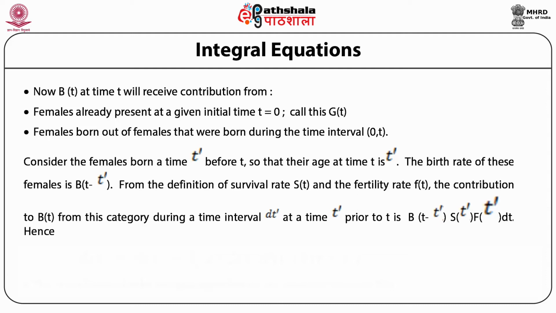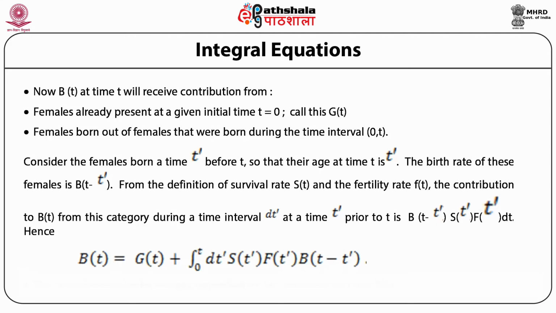From the definition of the survival rate S of t and the fertility rate f of t, the contribution to this population B of t from this category during the time interval dt prime at a time t prime prior to t is B of t minus t prime into S of t prime into f of t prime, that is, the population at t minus t prime multiplied by the survival rate at t prime and multiplied by the fertility rate at t prime.